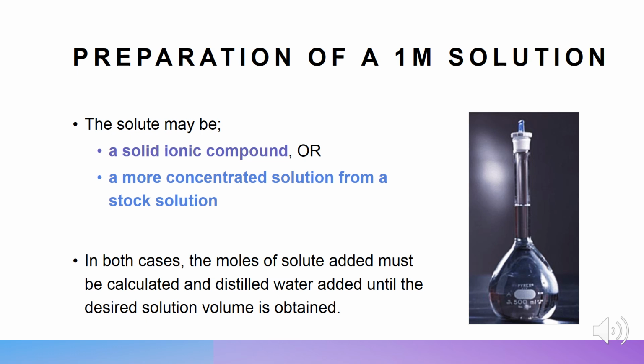For example, a stock solution of HCl acid is too concentrated, so we often dilute this solution before we use it. In both cases, the moles of solute added must be calculated and distilled water added until the desired volume is obtained.